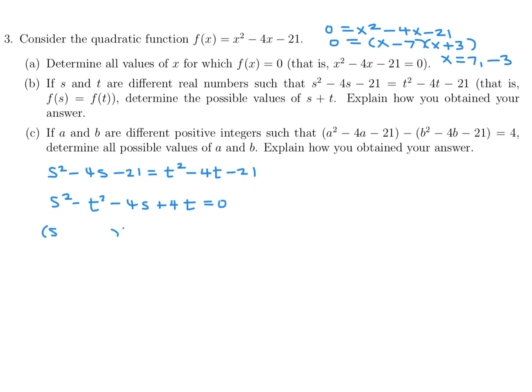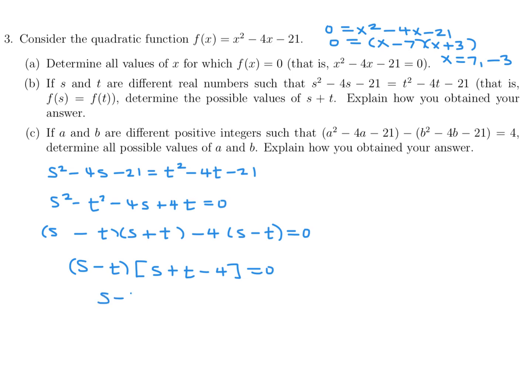Let's do some factoring here. s squared minus t squared is s minus t times s plus t, minus 4 times s minus t. Okay, I think that is correct. All right, let's factor out the s minus t, and I get s plus t minus 4 is equal to 0. That's about as far as I can go.